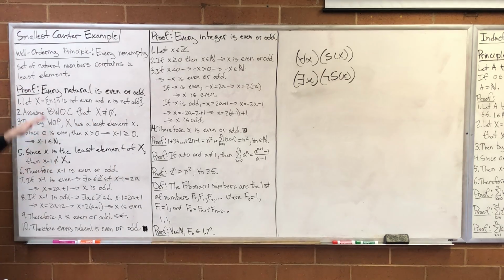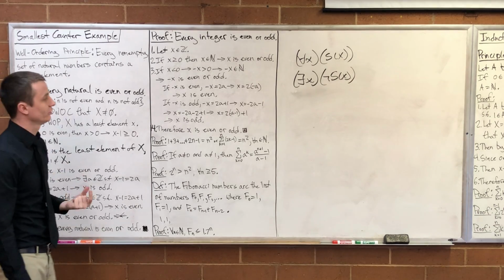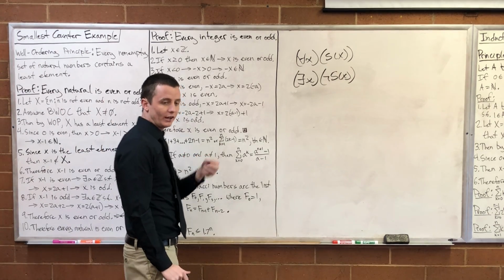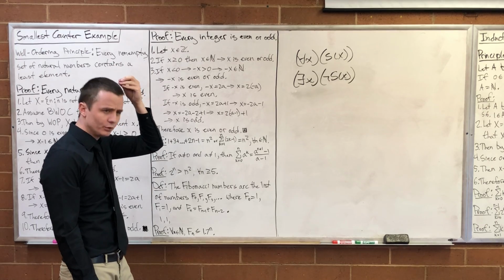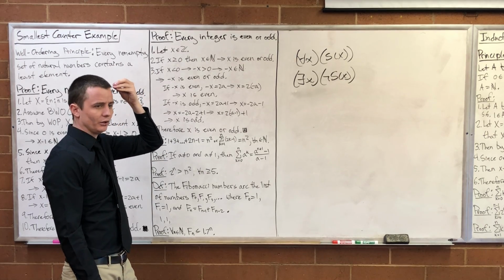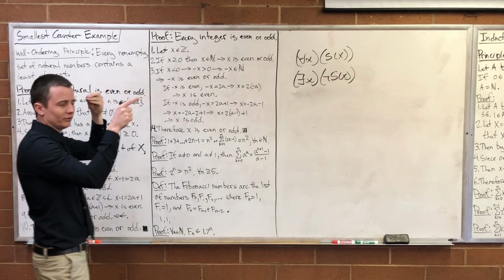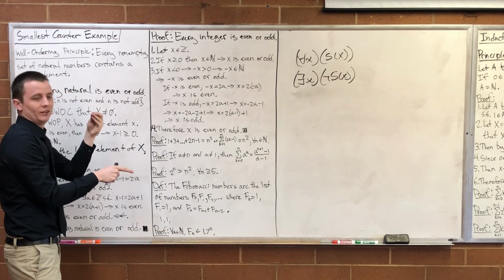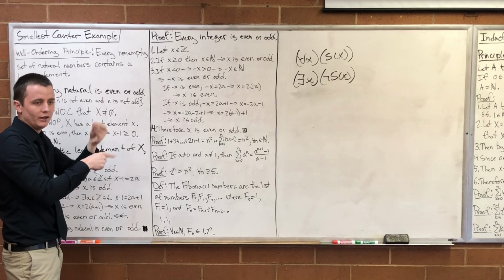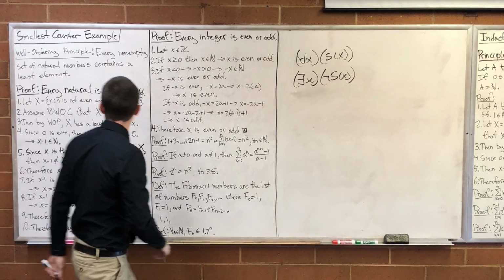Furthermore, we're going to say that there's a smallest x that makes the statement false, and work with that smallest x, the smallest number that makes the statement false. So that's, high level, what we're thinking when we're thinking proof by smallest counterexample. We're going to say, assume by way of contradiction that there is an example that makes it false. Furthermore, I want the smallest example that makes it false. And we're going to work with that smallest example.